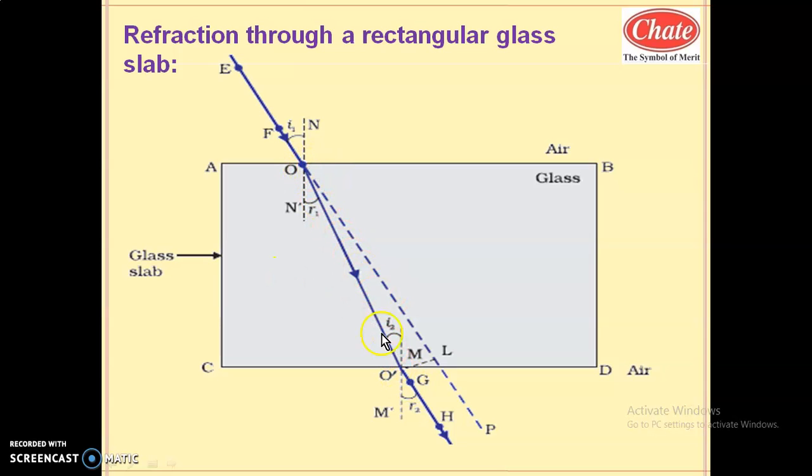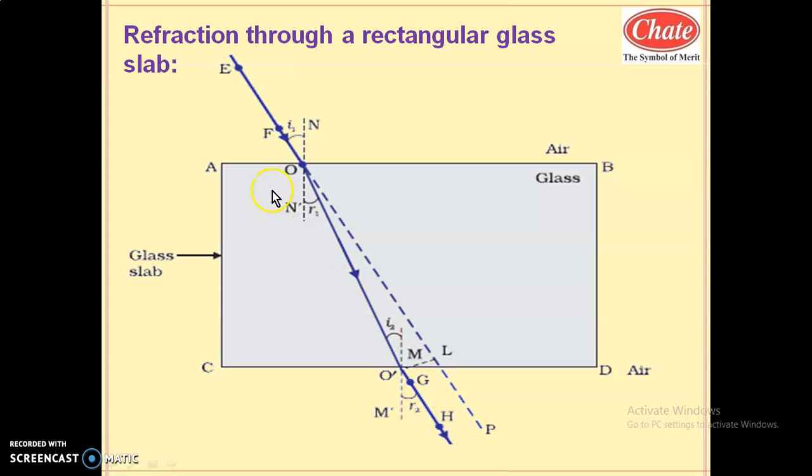So what is O O dash? O O dash is the refracted ray through the glass slab. EO is the incident ray, O O dash is the refracted ray, and O dash H will be the emergent ray.